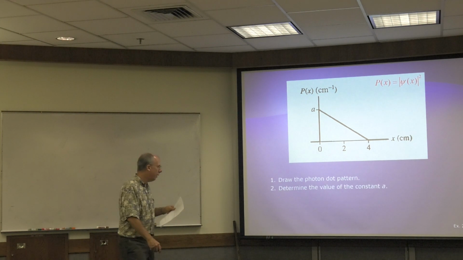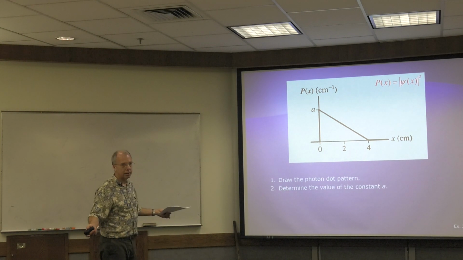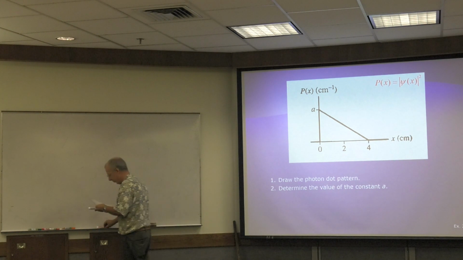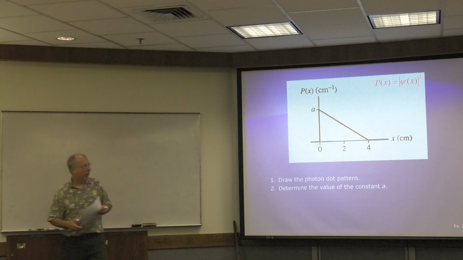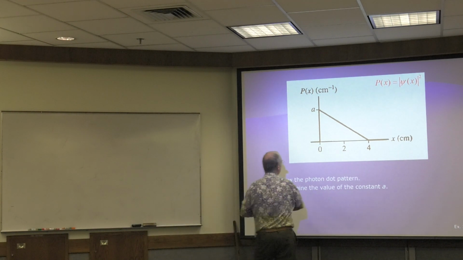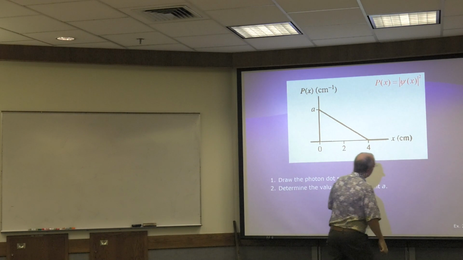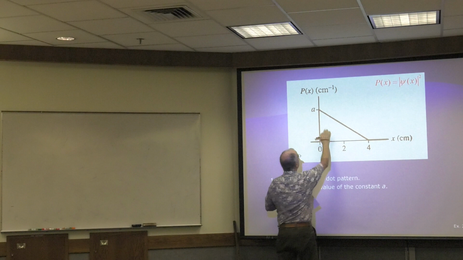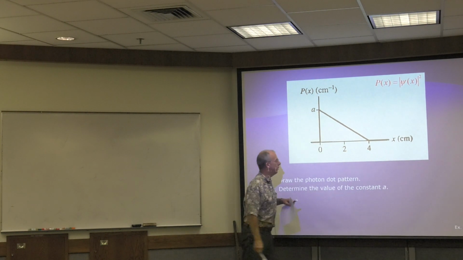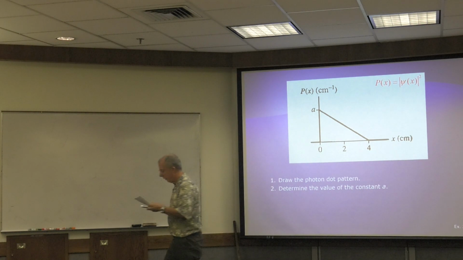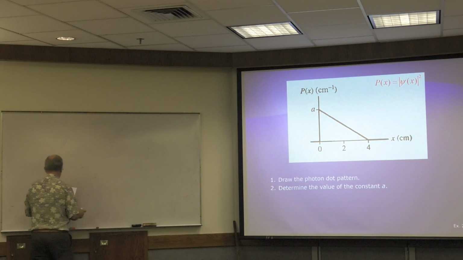Number 2, we forgot to figure out A. Well, nope, we know how to do that. Okay, so again, this is 0 to infinity, so the probability that the particle is in here is equal to 1. So we just got to figure out A to make this area equal to 1. Not a big deal. All right, let's do it.